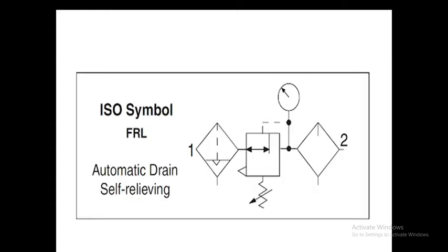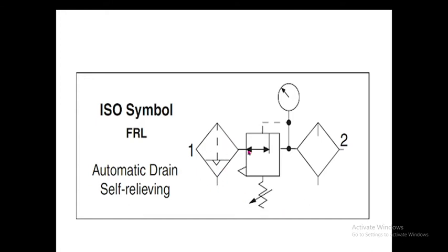So here you can see the ISO symbol for this FRL unit. This first symbol is of the filter. You can see here downstream we are providing this to condense the water. In the filter, the water particles which we are removing from this air stream get condensed here at the bottom side.